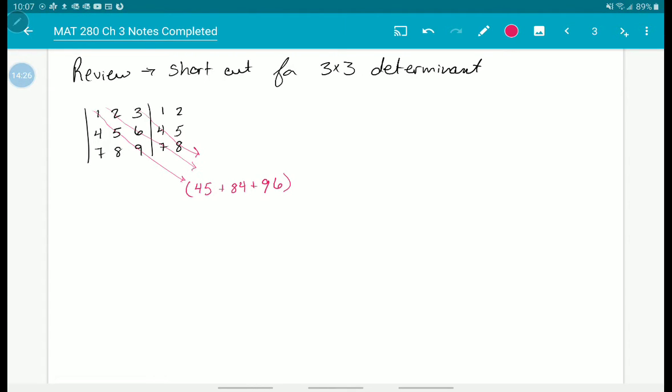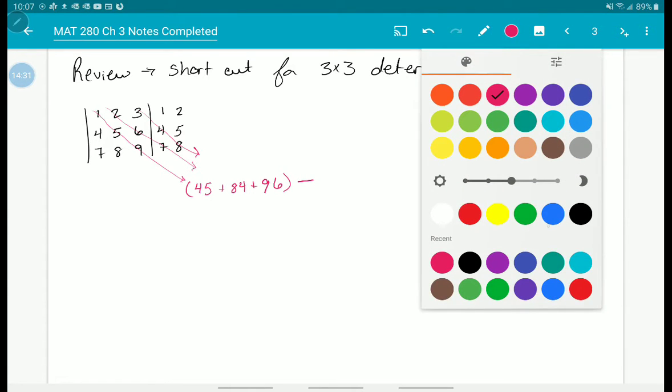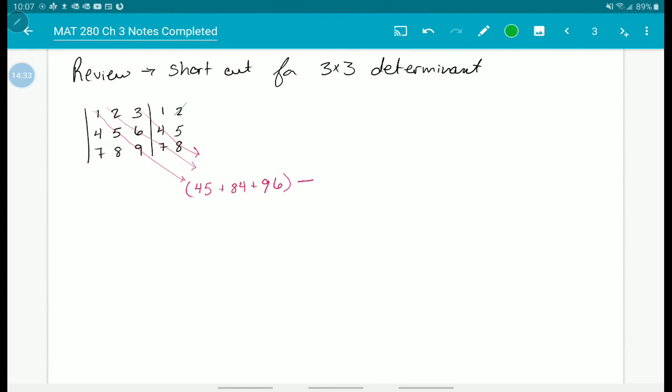So I went down from left to right. Now I have to subtract, and then I have to go the other way. So I'm going right to left now. So 2 times 4 times 9. Notice I'm still adding. 1 times 6 times 8. 3 times 5 times 7.